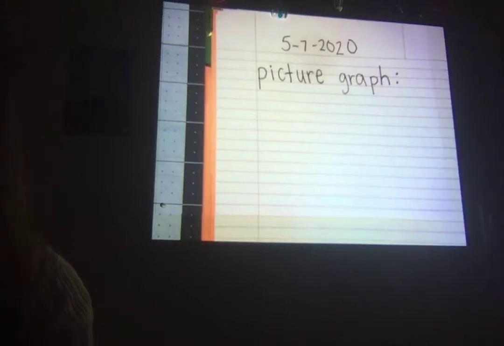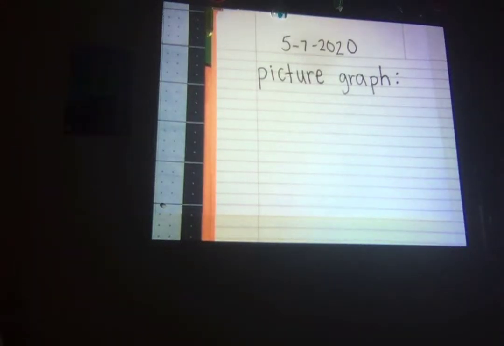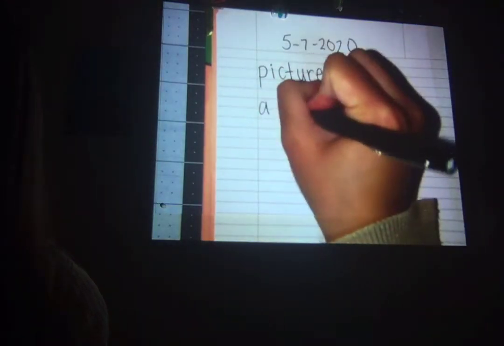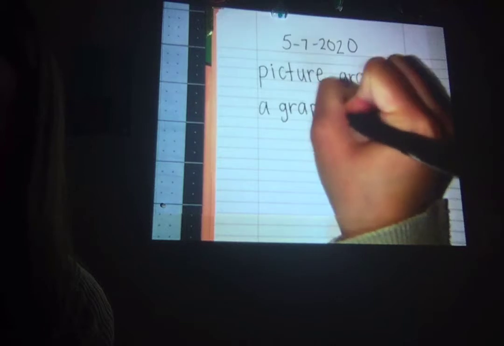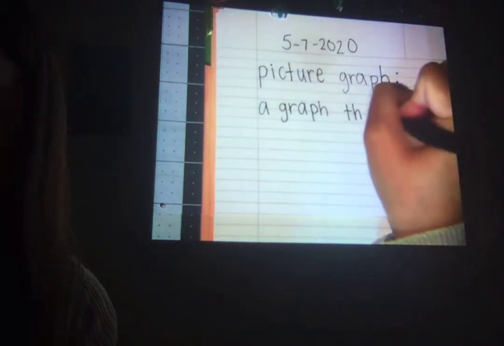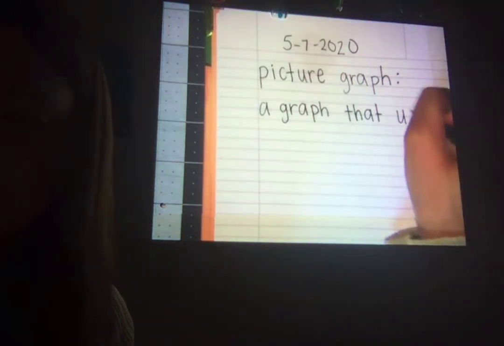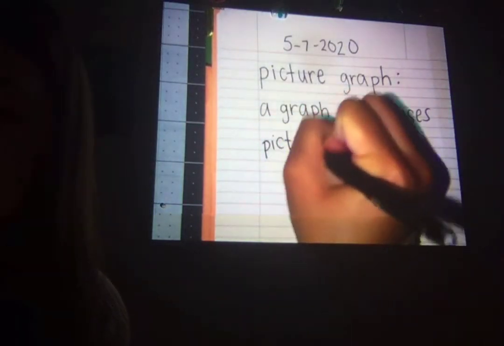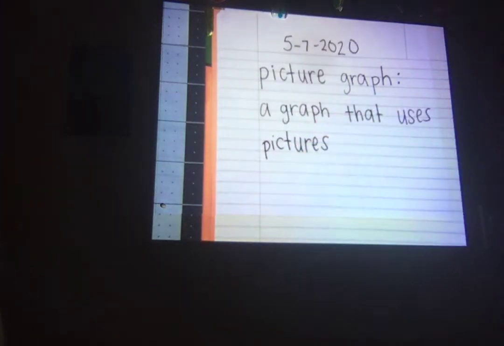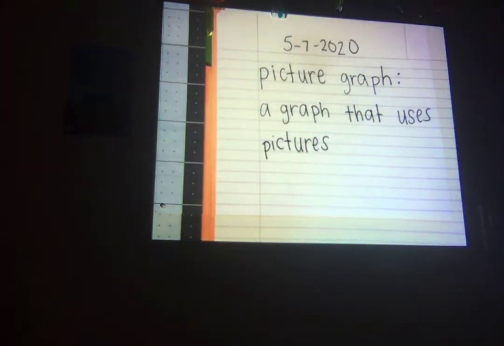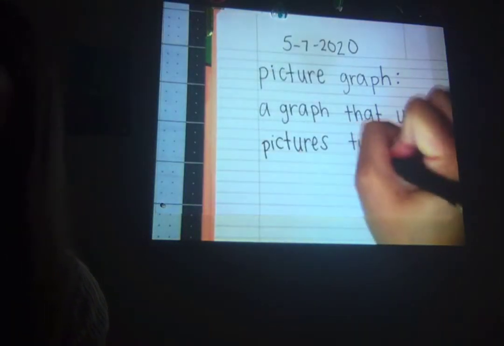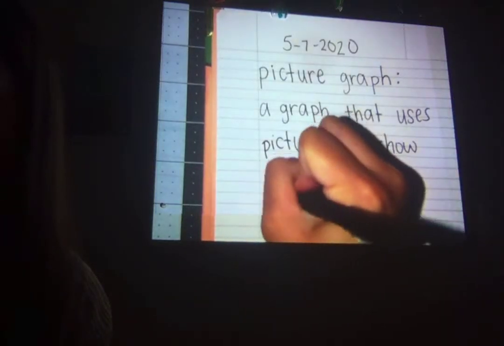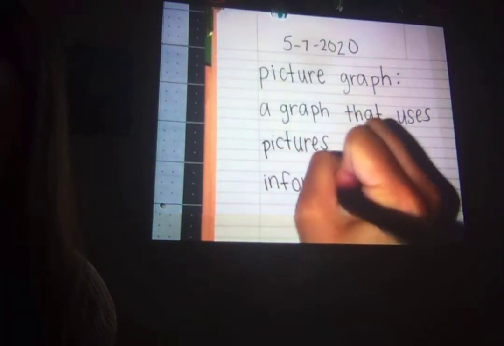Okay, a picture graph, according to your book, is a graph that uses pictures to show information.